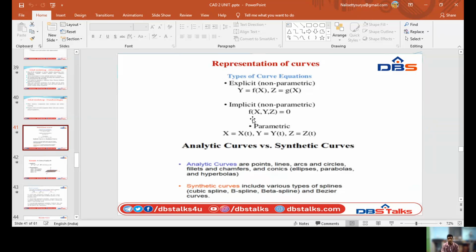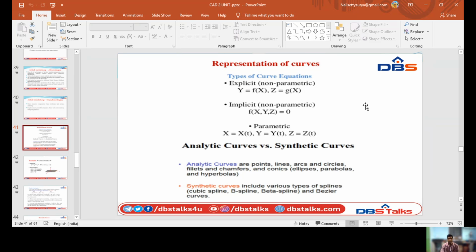Coming to the difference between parametric and non-parametric, in parametric curve representation, assume it relies on statistical distributions. It calculates under statistical distributions.